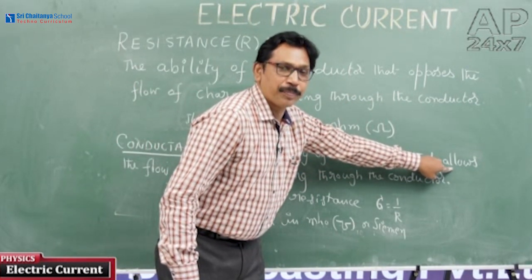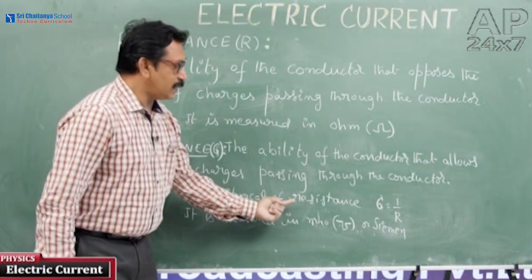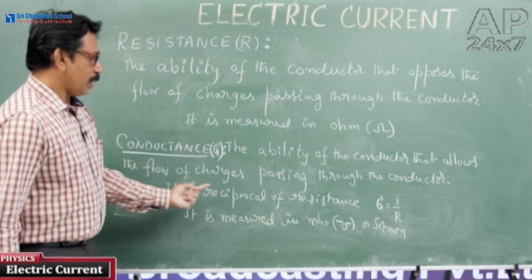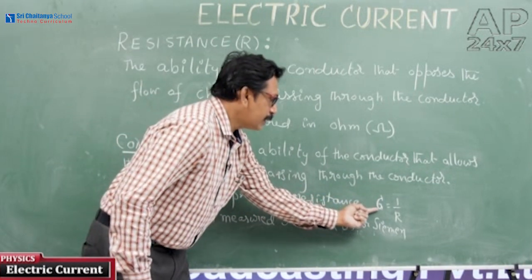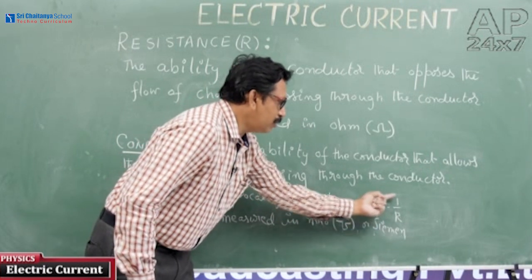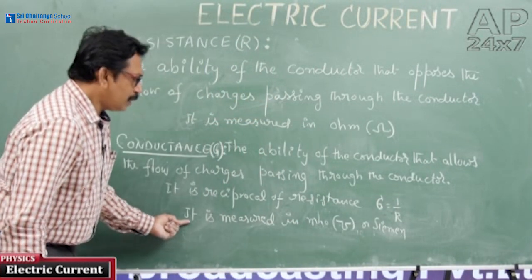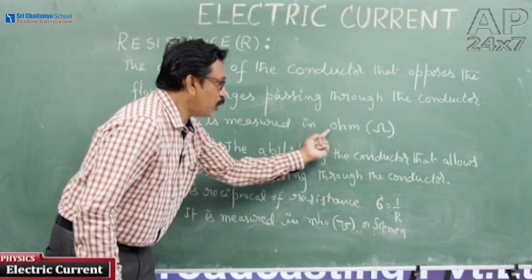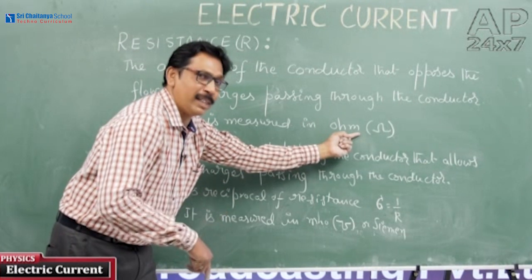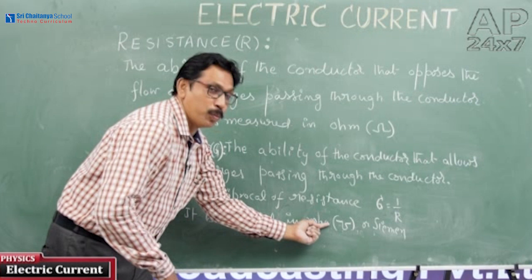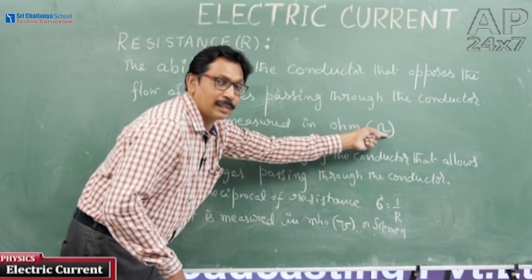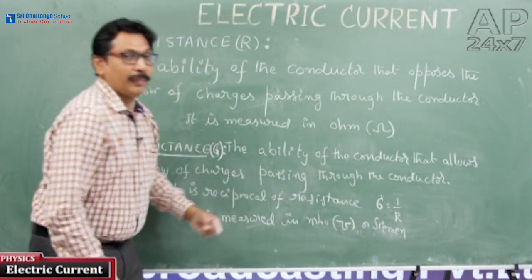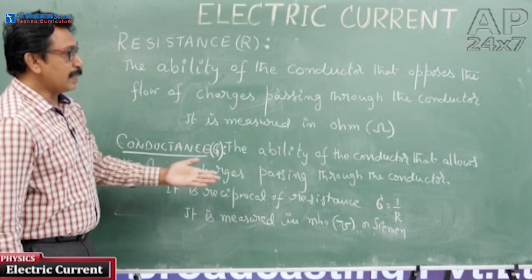That is why conductance is the reciprocal of resistance. So conductance G is equal to 1 by R. It is measured in MHO. I wrote OHM; it is the reverse of that, right? That's why it is MHO. Here the symbol is like this, and it has another unit, that is Siemens. So this is about conductance.